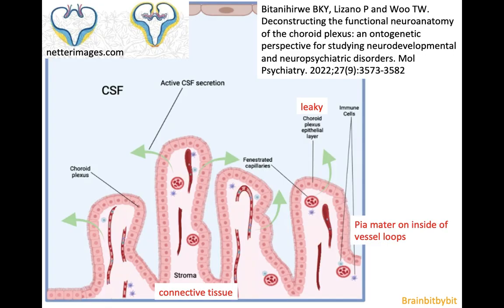When you look at how the choroid plexus is built, and we talked about this in the previous videos, you have the stroma made up of connective tissue with capillaries lined by endothelium and an endothelial-derived basal membrane, and the stroma is surrounded by epithelial cells with also a basal membrane, and these two basal membranes together with the other components form the very complex filter that filters the CSF.